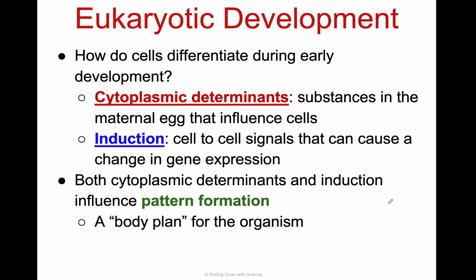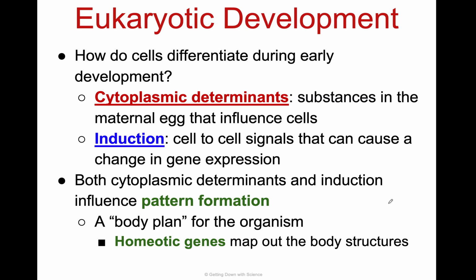It's a body plan for the organism. So the cells sort of move to a point that everything is in place before they start growing and dividing and genetically differentiating from one another. It's really interesting. Homeotic genes map out body structures. Don't worry too much about that either.